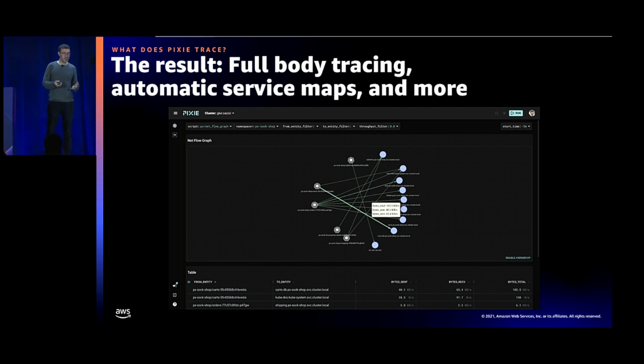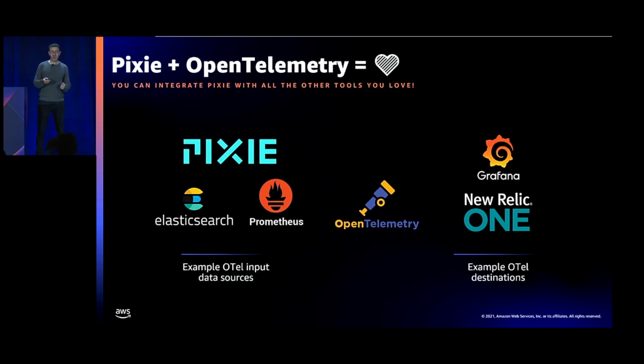It's just what powers Pixie and what drives the ability to get these service maps, for example, and information about who's talking to who, the amount of network traffic, high throughput connections, things like that. All of it's driven automatically by eBPF. With that, I'm going to call Zane back up onto the stage to wrap things up.